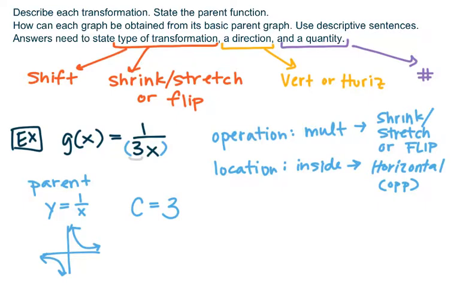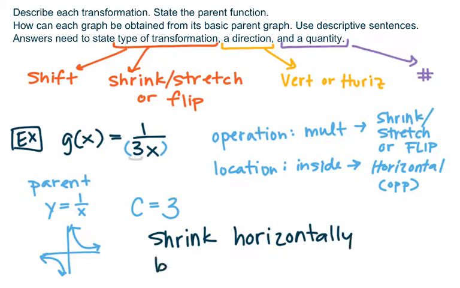So we treat this like division, and dividing by 3 or multiplying by the reciprocal, 1/3, 1/3 of something is actually less. So this is going to shrink horizontally by a factor of 1/3.